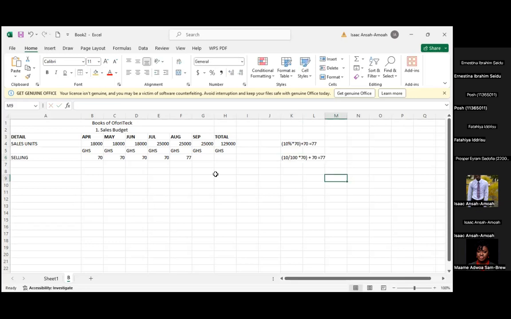The person who did 1.1 times 70 is far gone. You are now coming to enter a lot of items. Okay. Then my interpretation is that because of the word thereafter, it means September the selling price will be 77.